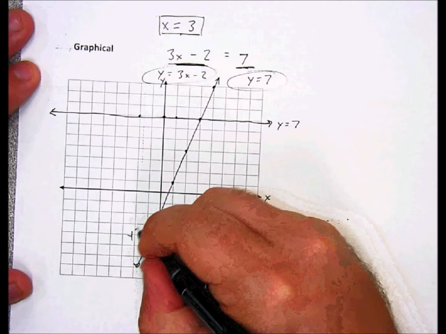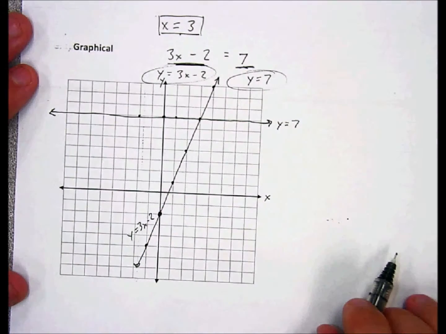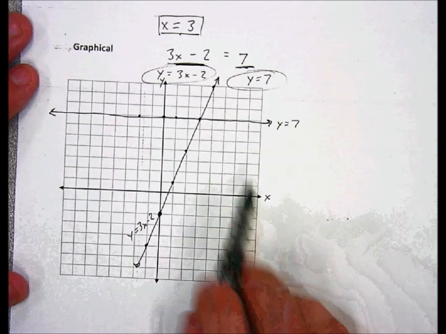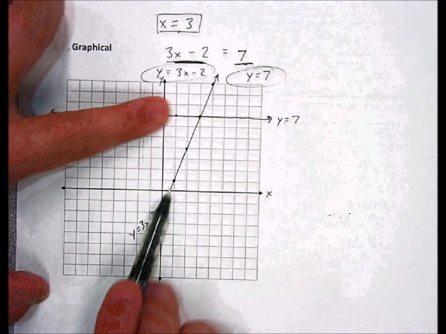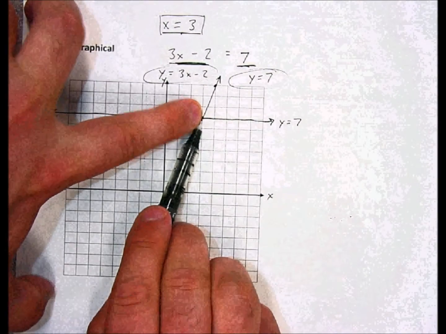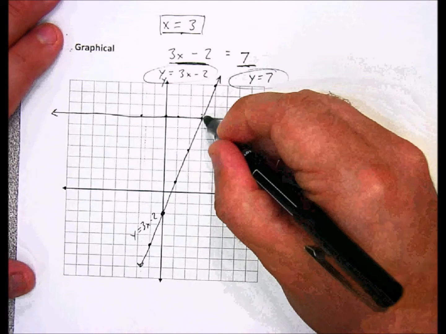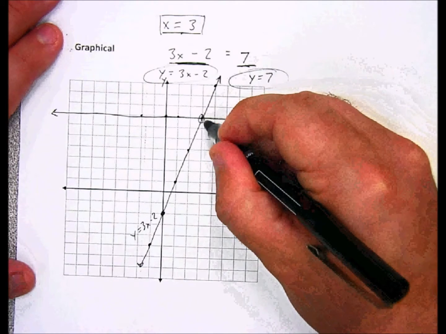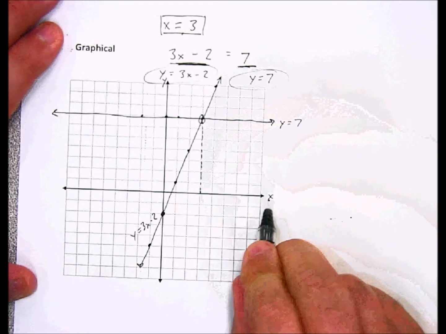This is the line y equals 3x minus 2. Well, when are these two functions equal to each other? Well, they're not equal here, and they are equal to each other right there where they cross, which, if I think about it, when they cross here, what x value was that at?